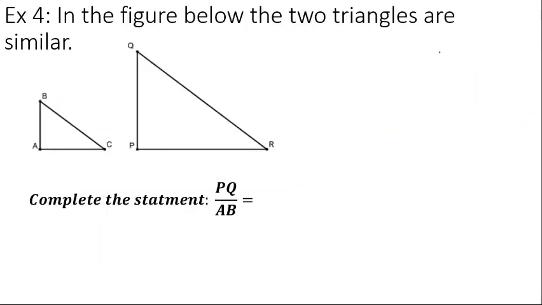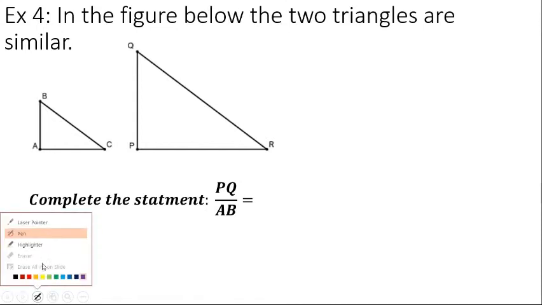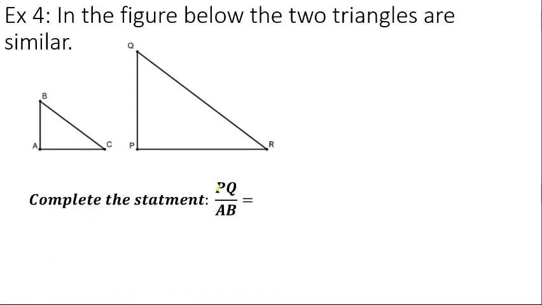Okay, example 4 says in the figure below, the two triangles are similar. You want to complete the statement. So what we're given here is, you look at what we start off with. So we have PQ, which is this segment right here. And that's similar to AB, which is this segment right here.